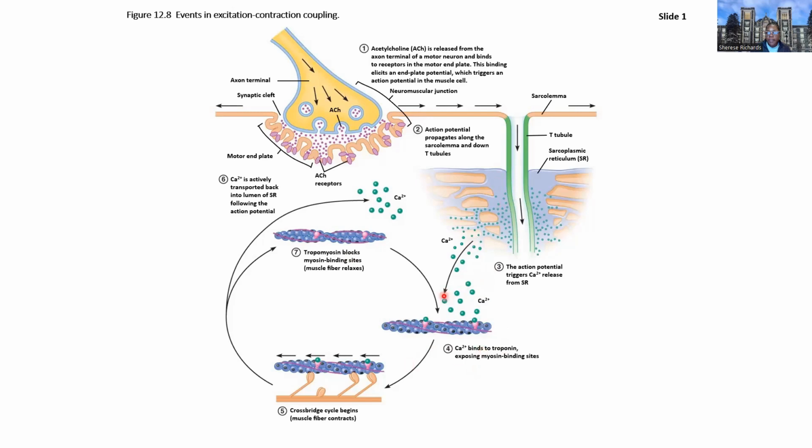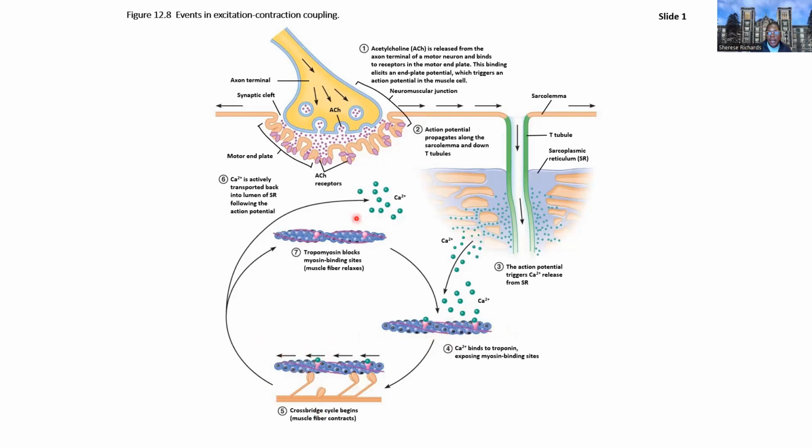From there, we have calcium binding to troponin. So there are two regulatory proteins on actin. One is troponin, which is the pink protein, and one is tropomyosin, which is the purple protein. So the pink protein binds calcium and then causes tropomyosin to shift away from the binding site, which allows cross-bridge cycling to happen.